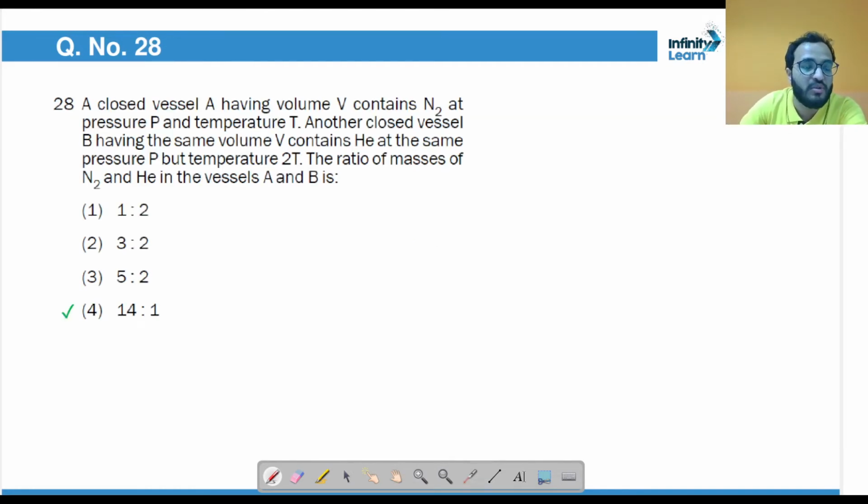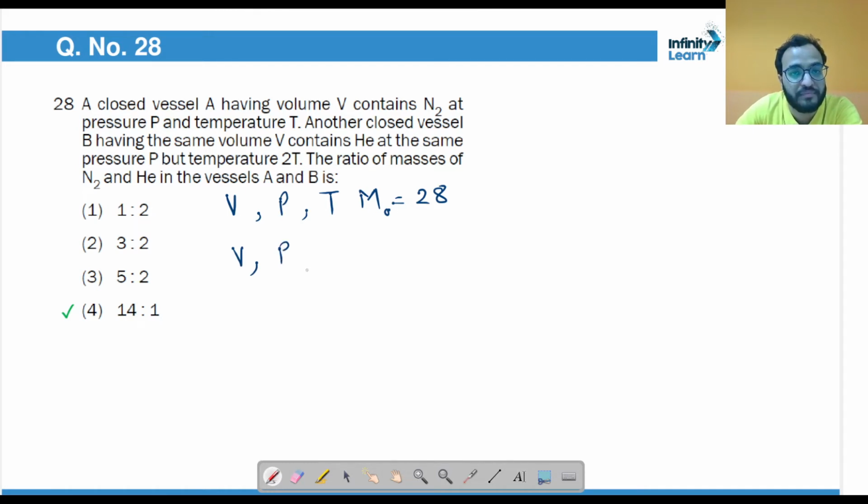Now, a closed vessel A having volume V contains nitrogen at pressure P and temperature T. So, what is the molecular mass here? 28. Now, another closed vessel having the same volume contains helium at the same pressure, but temperature is 2T and molecular mass is 4.